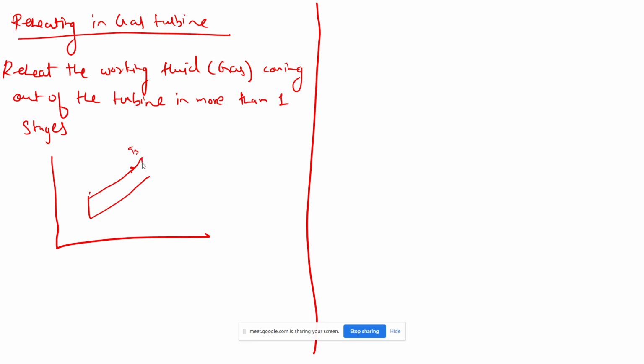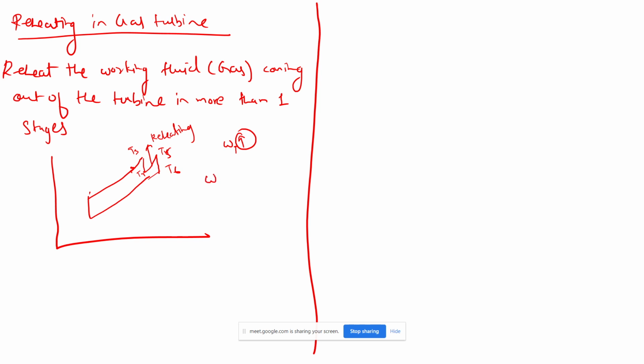The gas coming out after expanding in the turbine is again heated to the same temperature, or it can be more. So this is T5, this is T4, and this is T6. So this is reheating. By virtue of this, the turbine work will increase.